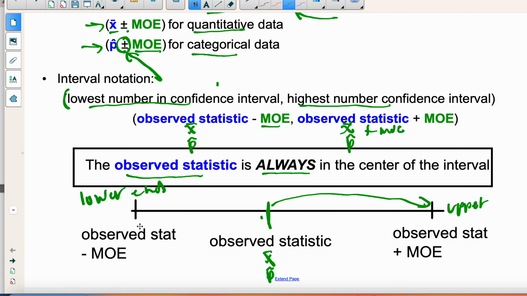So we really just get three values. Here's the low end of the estimate, here's the upper end, and the middle is always going to be that observed statistic that I got from my sample. The margin of error is just the distance from the center to the upper level, and the center to the lower level.